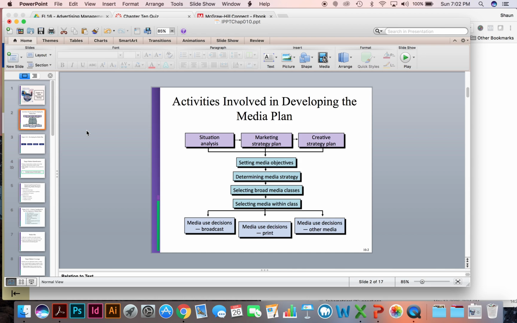Now these media objectives should reflect your business objectives, determining the media strategy, selecting the broad media classes that you'll use, and then selecting the media within that class. Some of these decisions include whether to use broadcast, print, or other media such as the internet. Then after you've created all these steps, you go ahead and create the creative strategy plan.